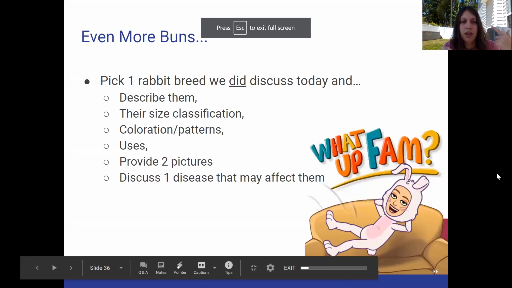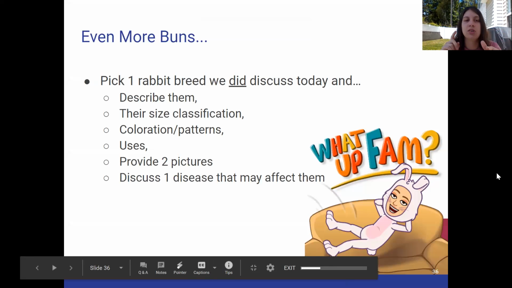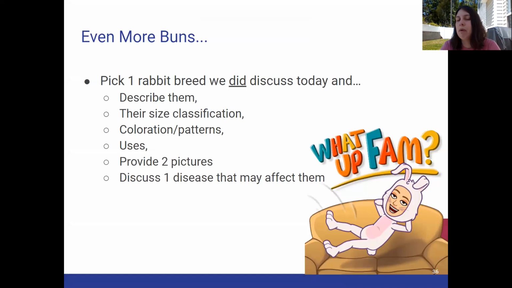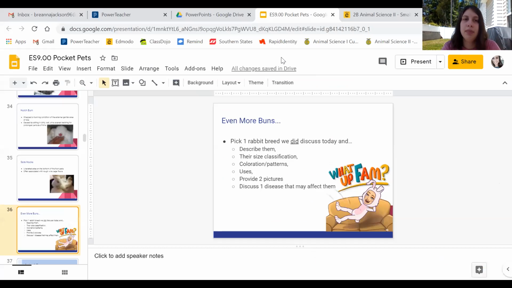Describe them. What do they look like? What is their size classification? Coloration. What are they commonly used for? Two pictures, and then one disease that can end up affecting them. And that is what you guys have to do today.